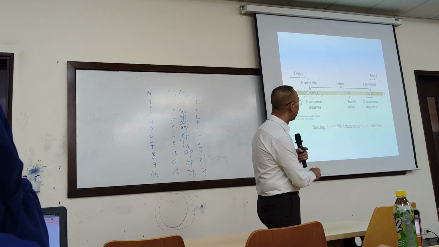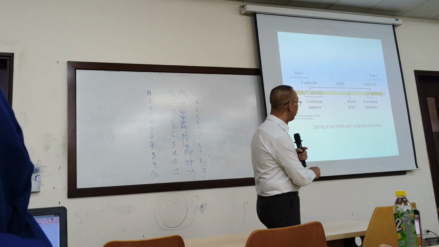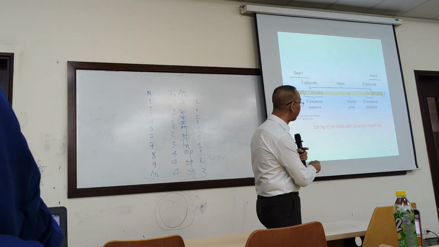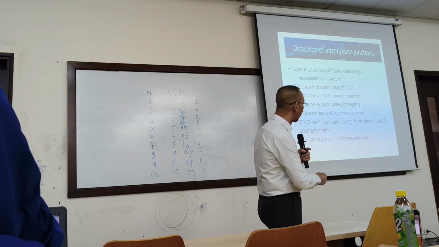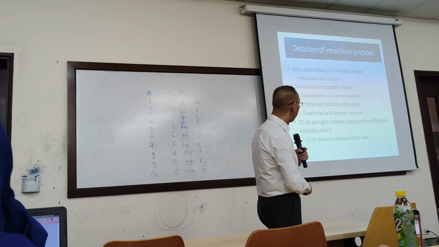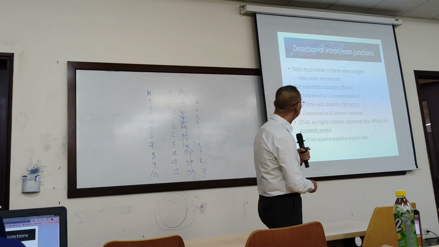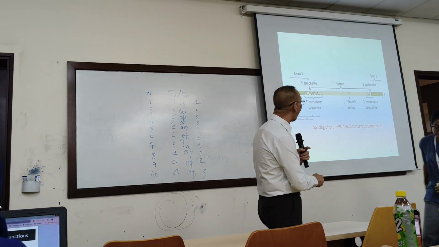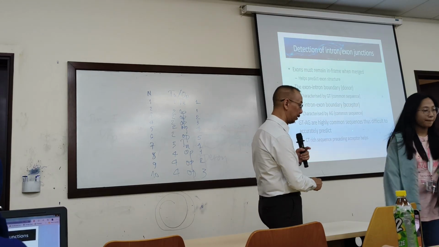Another one, A, present in the intron, the branch point, because this one has to remove introns. We don't have time, so I will show you how to remove introns based on GT or AG. But GT and AG are also highly common sequences.